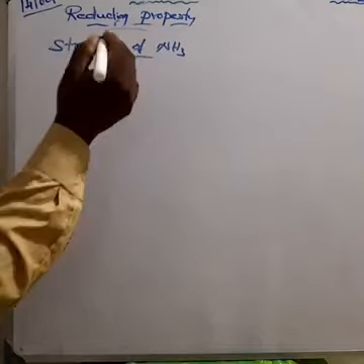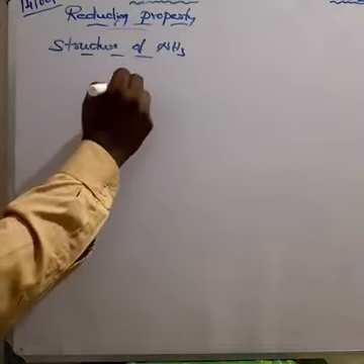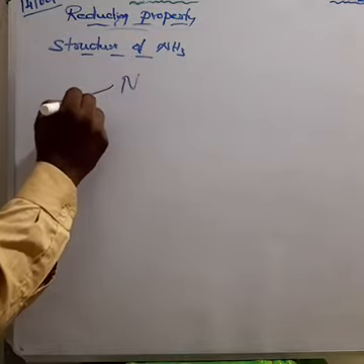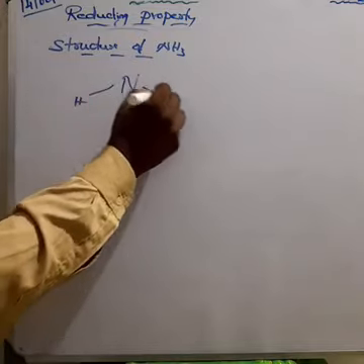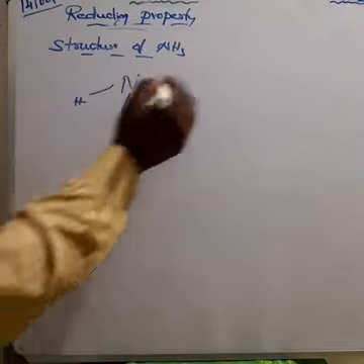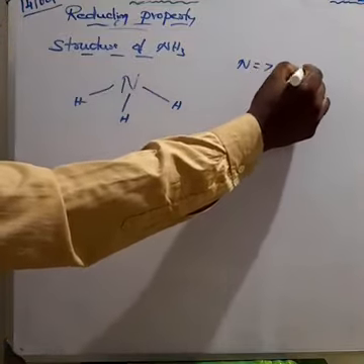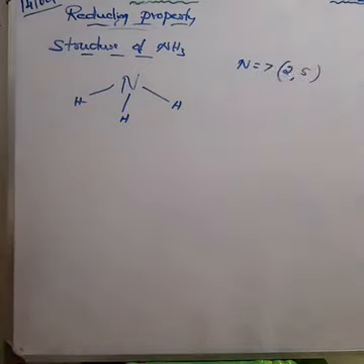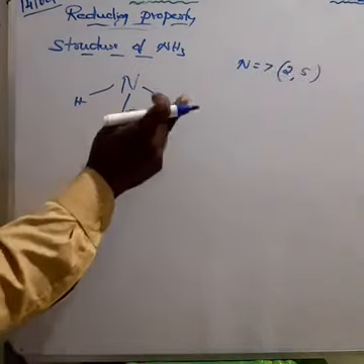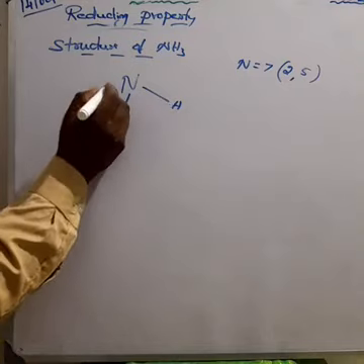We know that one nitrogen atom is surrounded by 3 hydrogen atoms. The atomic number of nitrogen is 7. In the first shell we can accommodate 2 electrons, in the second shell 5 electrons. So nitrogen has 5 electrons.